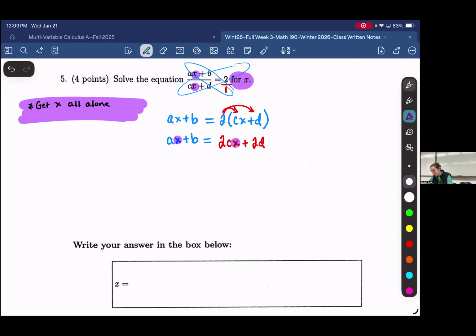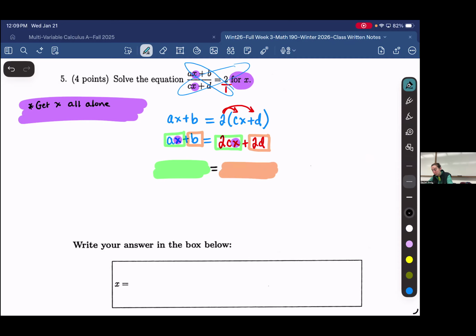So let's first bring our green boxed terms to one side. And then we can bring our orange boxed terms to the other side that don't have any x.